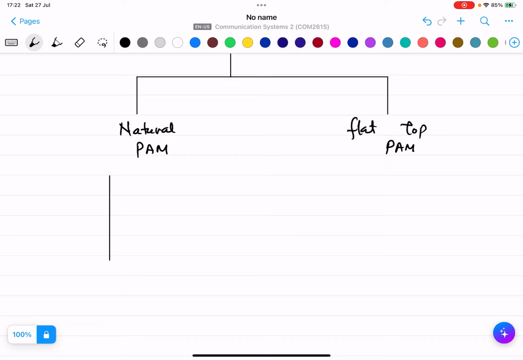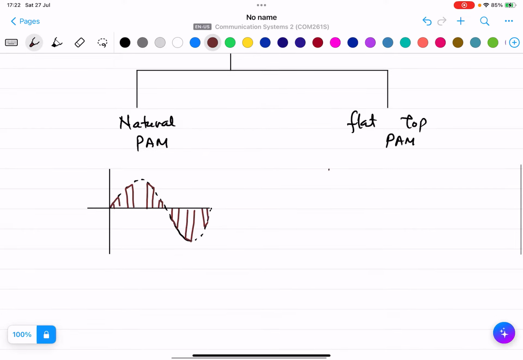I already explained how to make the natural one. This is the natural PAM. The next one is flat top PAM. What does that mean? Flat top means like this, simple. The top is flat.